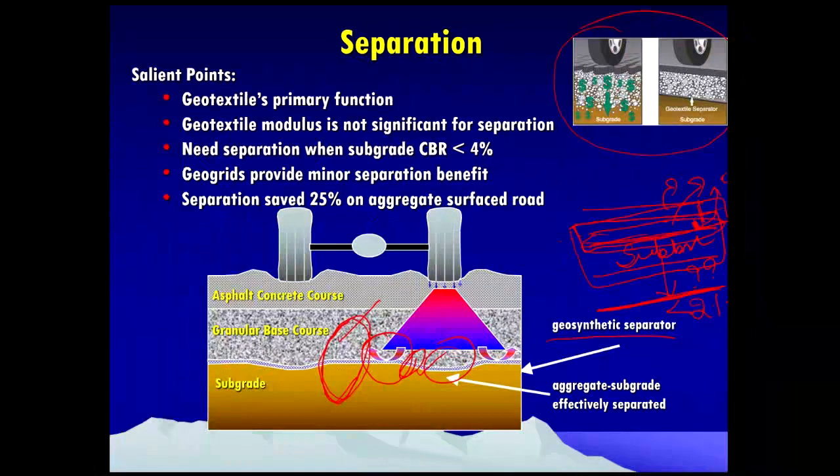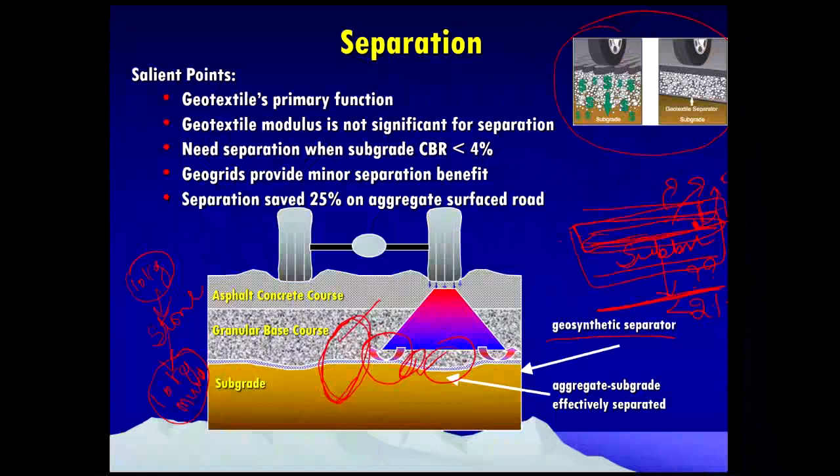Let us imagine that a 10 kg stone mass is placed in 10 kg of mud. Listen very carefully. What I am trying to say in the separation function is, 10 kg of stone mass is placed in 10 kg of mud.